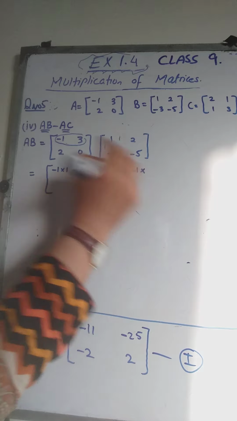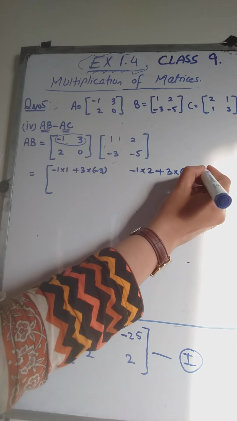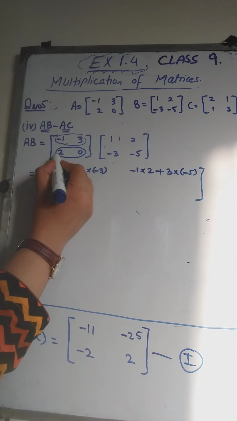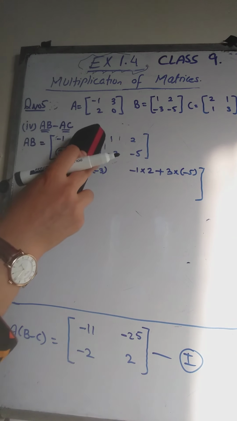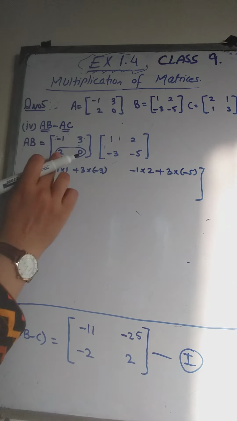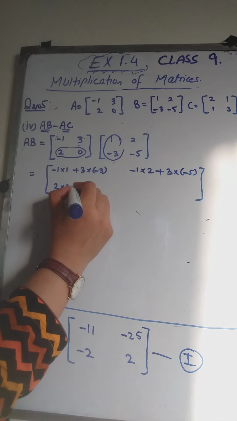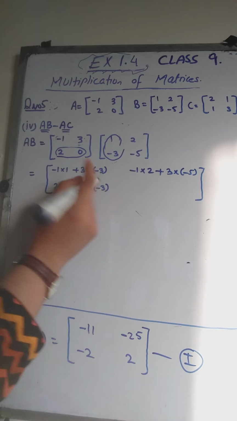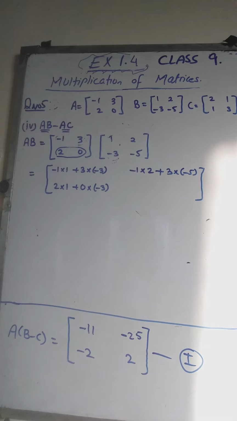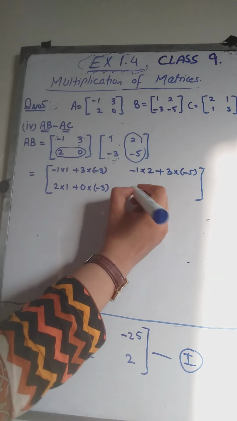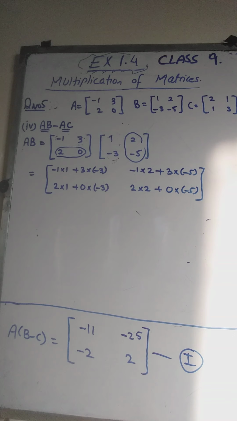So negative 1 into 2 plus 3 into negative 5, and then starting with the second row, because we have finished all the multiplication of the first row with each and every column of matrix B. Now we are going to take the second row and multiply it with the first and second column. 2 into 1 plus 0 into negative 3, and then multiplying the second row with the second column. 2 into 2 plus 0 into negative 5.